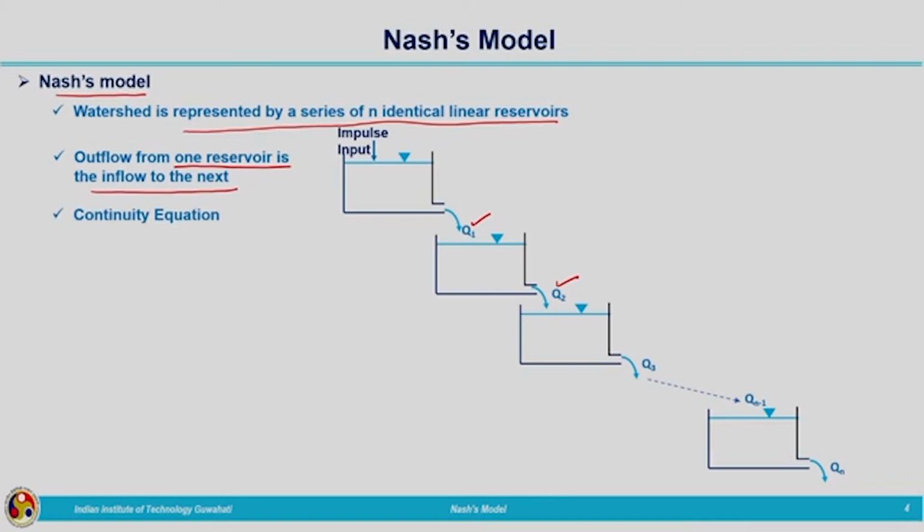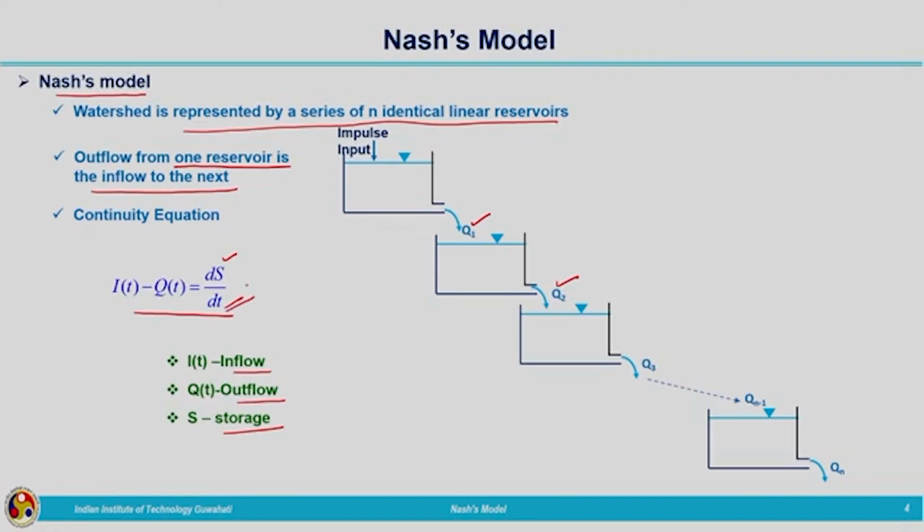So, we are going to make use of our continuity equation. This is very much familiar to you. The continuity equation is given by I(t) minus Q(t) is equal to dS/dt. Here I(t) is the inflow, Q(t) is the outflow and S is the storage function.